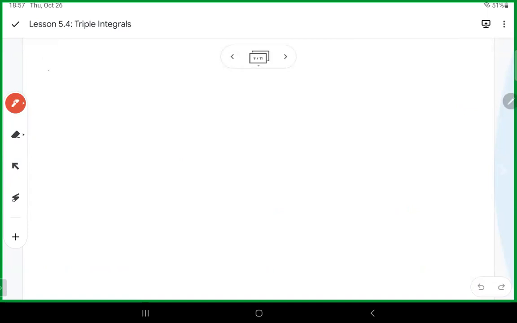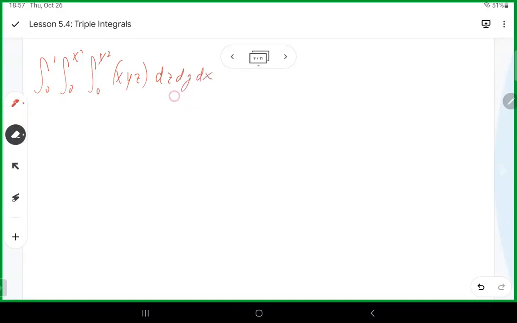All right. So 0 to 1, 0 to x squared, and then 0 to y squared, x, y, z, dz, dy, dx. Okay, that's the first set that we're doing. Who knows?